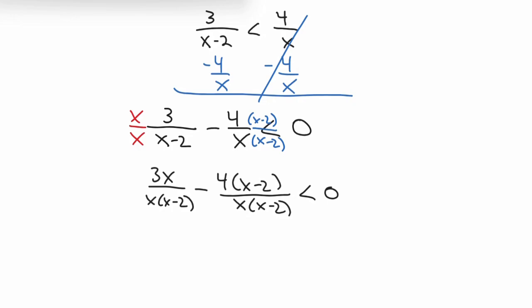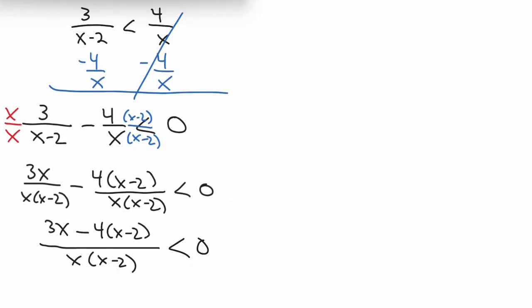And they have the same denominator now, so we can just write it over one denominator. So you have 3x minus 4 times x minus 2 all over x times x minus 2 is less than 0. All right, so let's simplify the numerator. So you're going to have 3x minus 4x plus 8, because negative 4 times x is negative 4x.